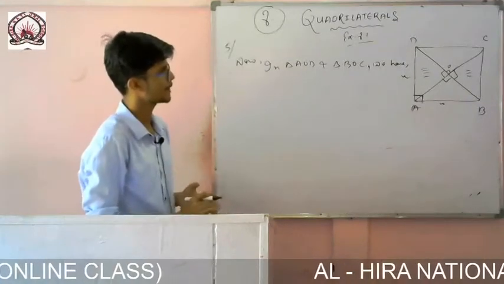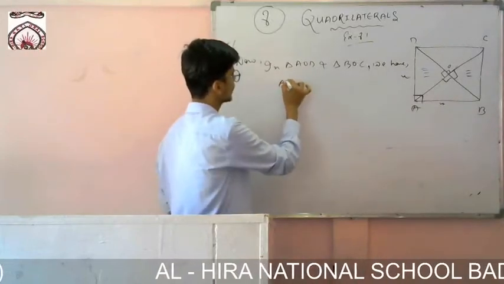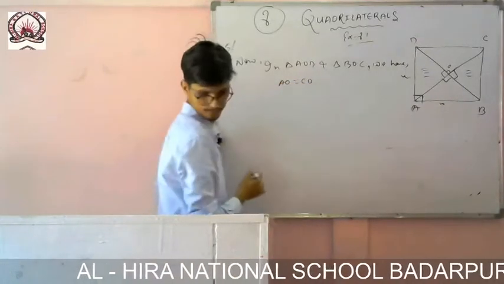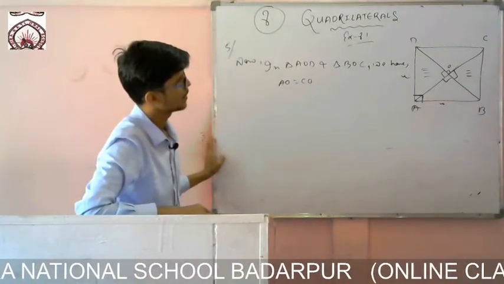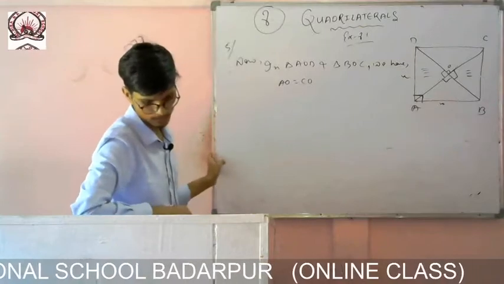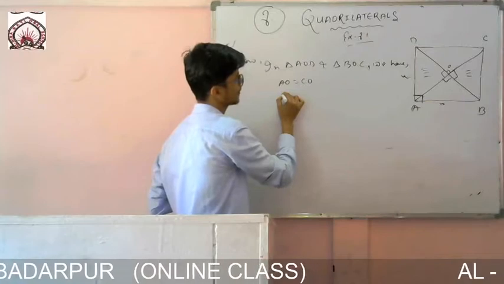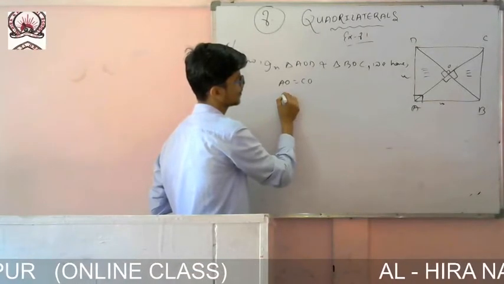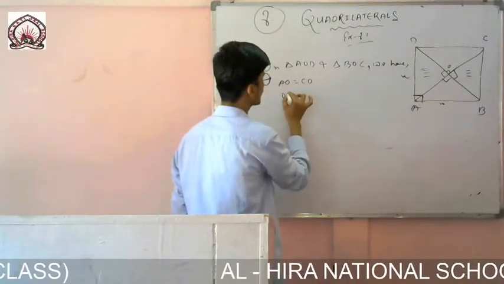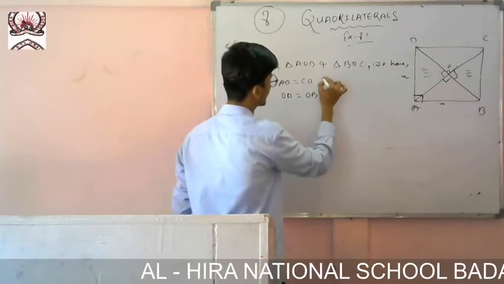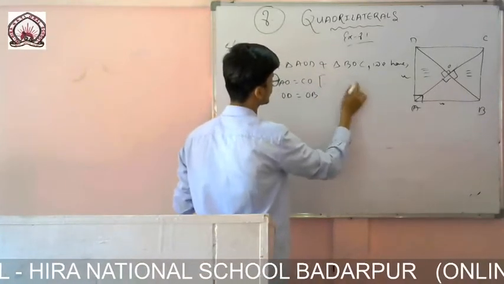I have to show one by one. So like earlier, AO is equal to CO, that means these two are equal. O is the midpoint. In the same way, AO is equal to CO, then OD will be equal to OB. So since O is the midpoint, but it is given, no, you can write given.